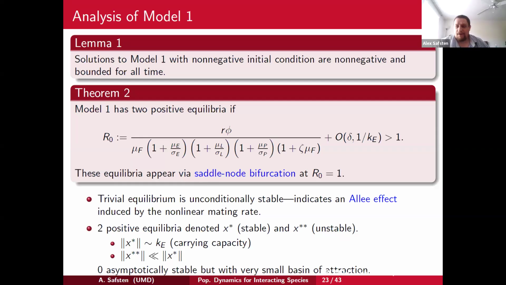This is perhaps the first surprising thing. Typically, when we see a bifurcation at R naught equals 1, this is a transcritical bifurcation. So this means that if the basic reproduction number is too small, less than 1, the population cannot reproduce fast enough to overcome whatever is killing them.